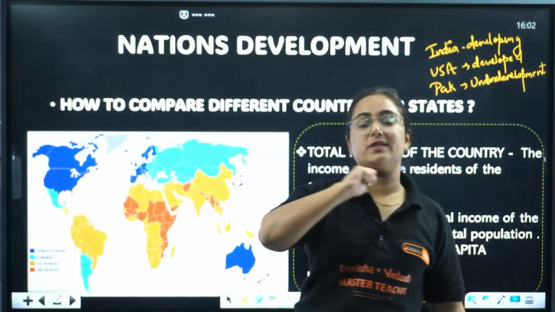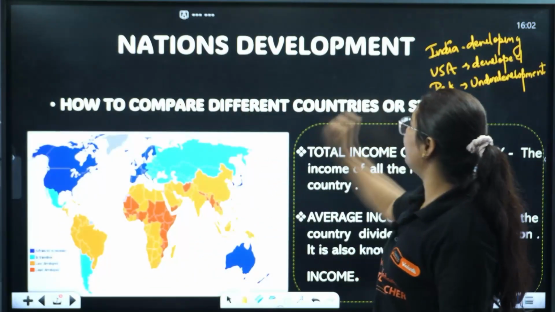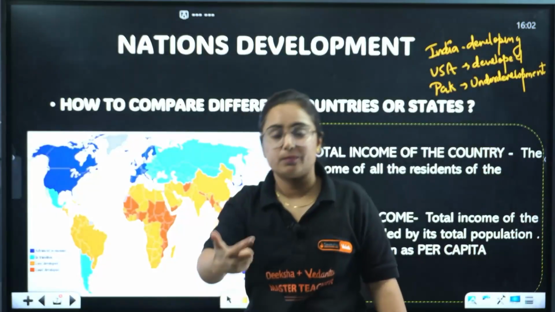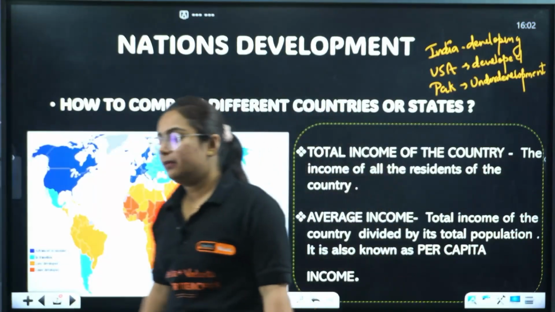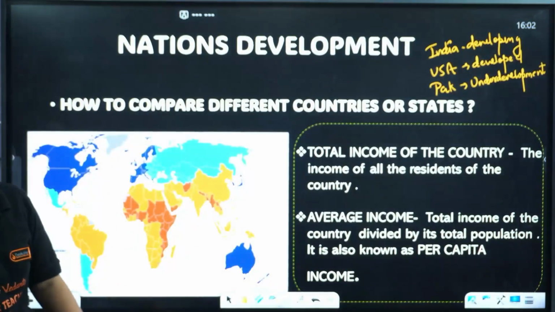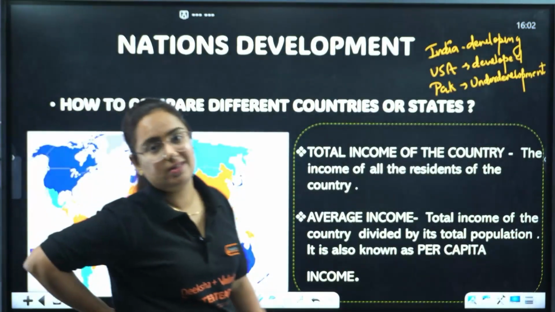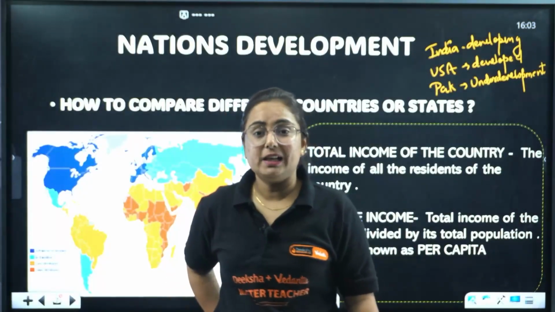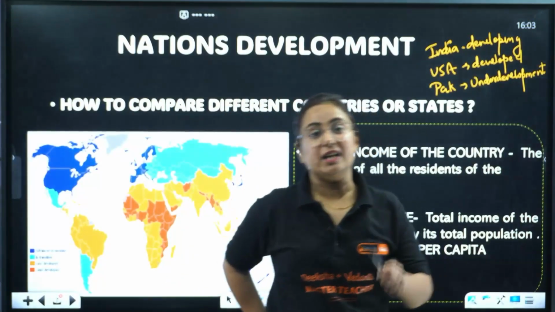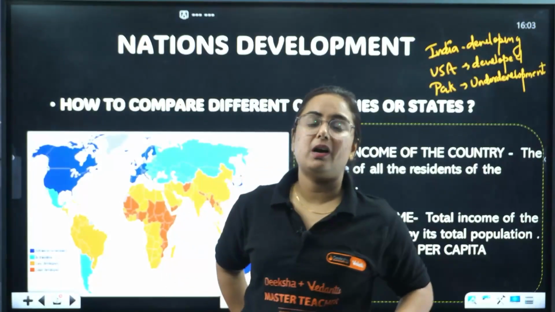Now we have to see how a nation's development is calculated, or what a nation's development is. Whenever we talk about a nation's development, when I asked you about a single person's development, what was your answer? Income, ma'am. Similarly, when we talk about a nation's development, what should our answer be?